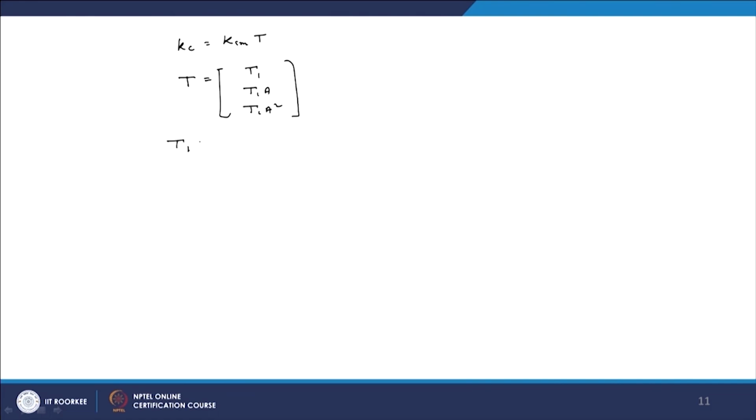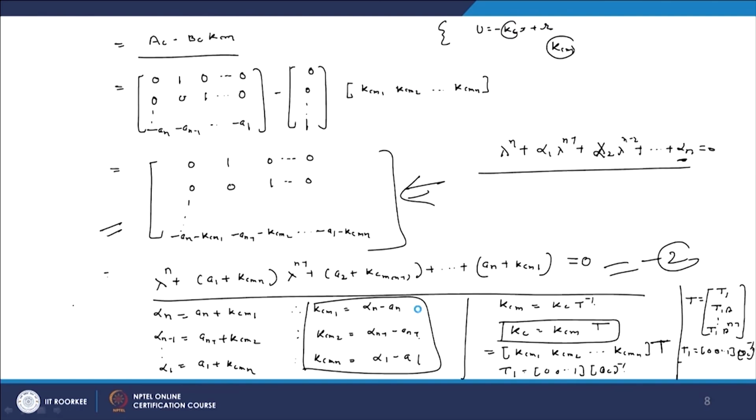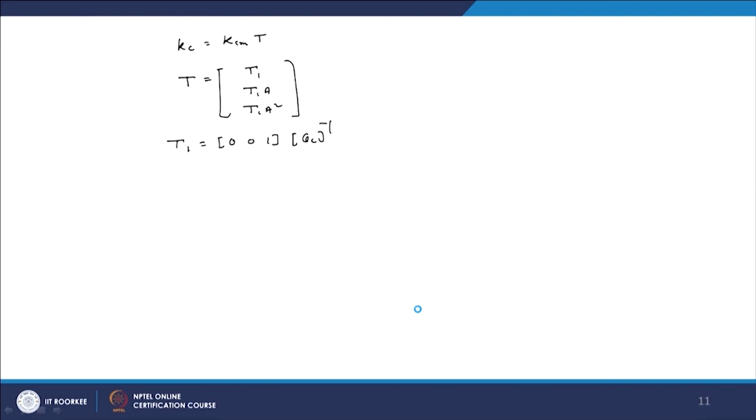This T1 equals 0 0 1 into QC inverse, the controllability inverse, which we have already determined like this, and 0 0 1 is there.